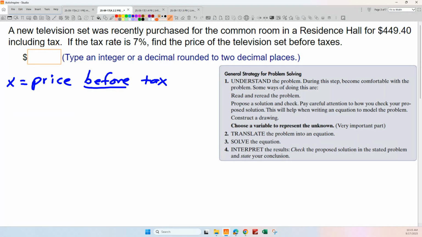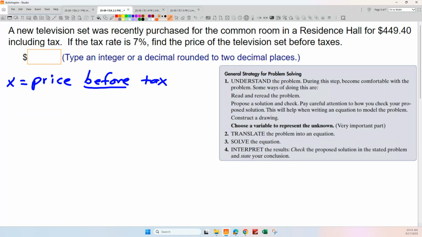Okay, good, because anytime I want to do a calculation with a percent, I have to convert it to a decimal, right? So I'm just going to convert that to 0.07, and I would just multiply the original price by 0.07 to find out how much tax I have to pay extra, right? Everybody agree? So then I'd have the original amount plus the extra tax, right? Should equal the amount that I pay.